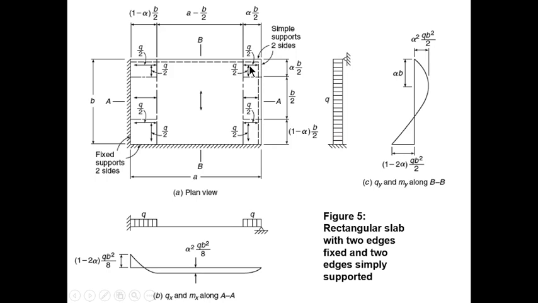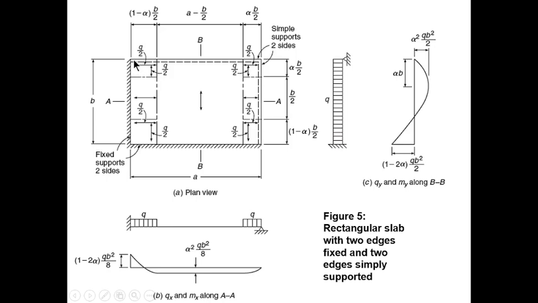These things happen when you have two opposite edges with different conditions. That is, one side is continuous while the opposite side is simply supported. In a situation where the two opposite sides are simply supported, alpha does not come in. In a situation where the two opposite sides are fixed, alpha will not come in.